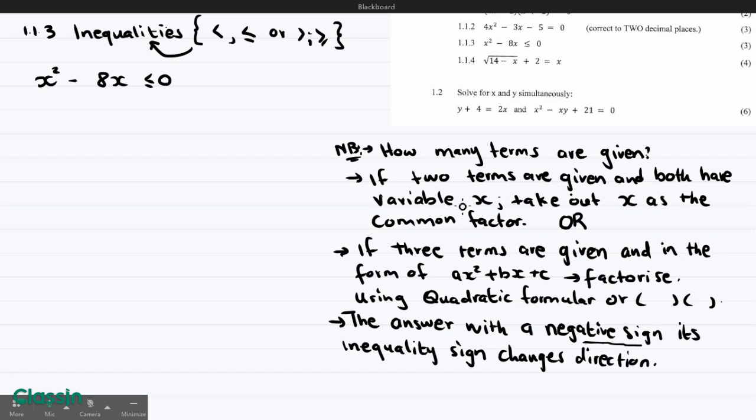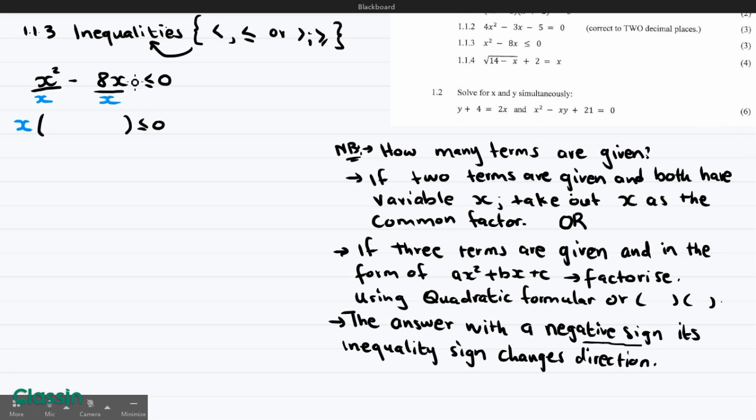Now, we are given two terms. Both have x as the variable. We need to take x as the common factor. Now, let's write down the x that we take out. We say we take out this x as the common factor. Now we put brackets. Sign is still the same. Now from there, we divide this and this by the same x that we took out as the common factor.